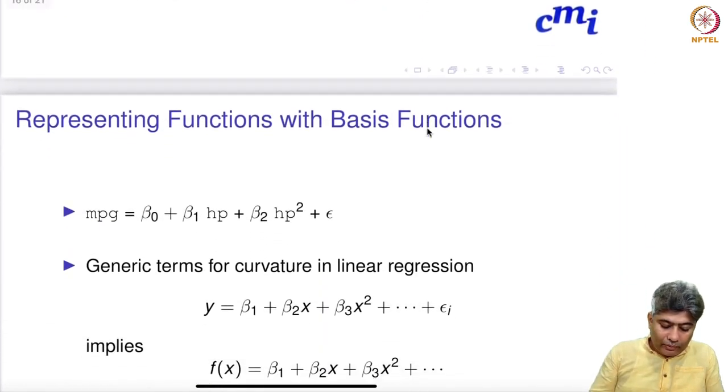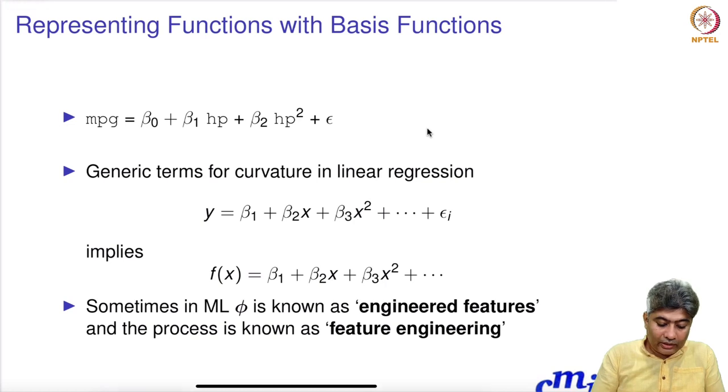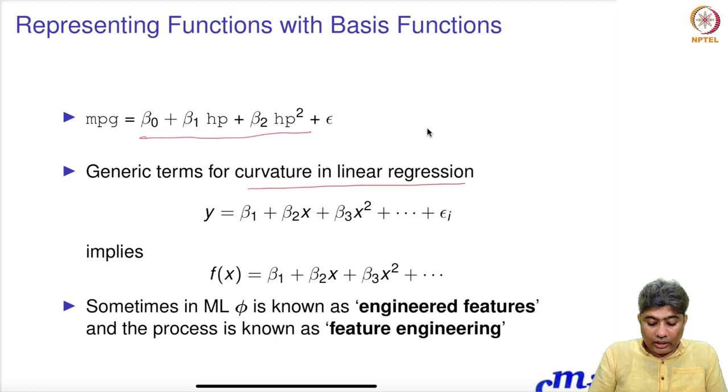So what is the example? If we take this simple quadratic regression type thing, we can generate curvature in linear regression. So we can just say y = beta naught + beta 2 x + beta 3 x square + beta 4 x cube. So basically a higher order polynomial.